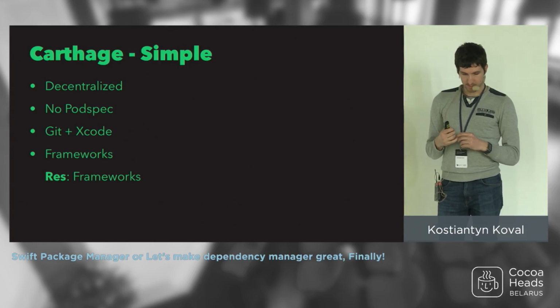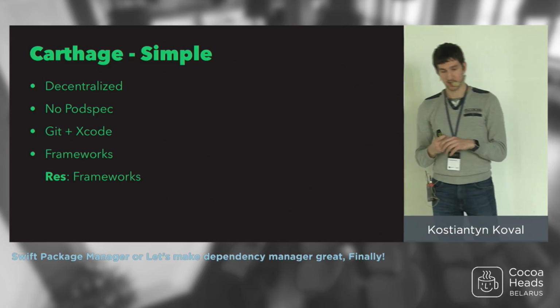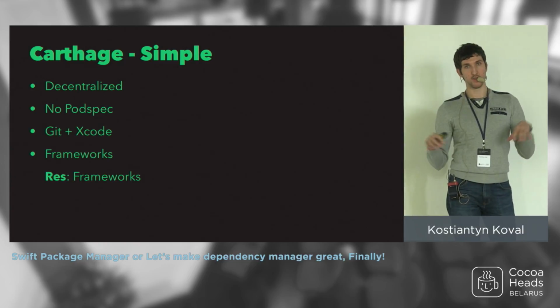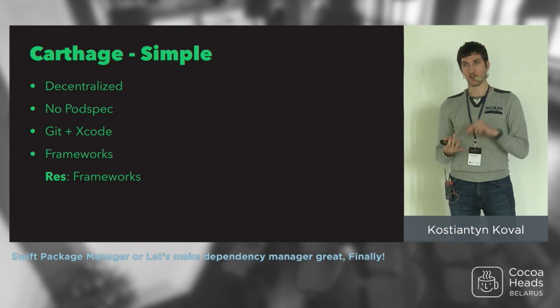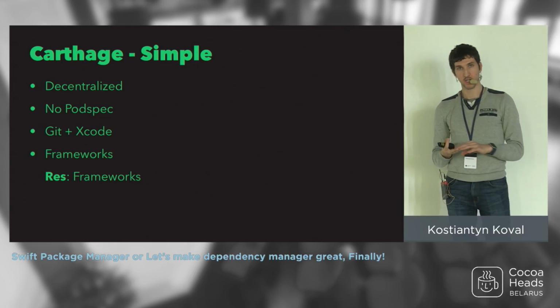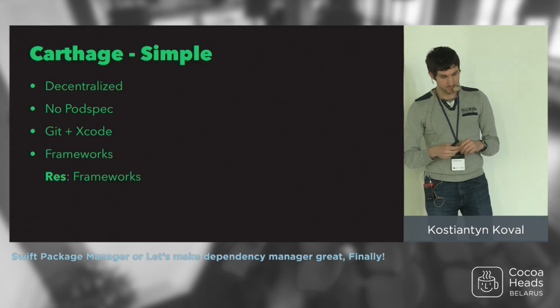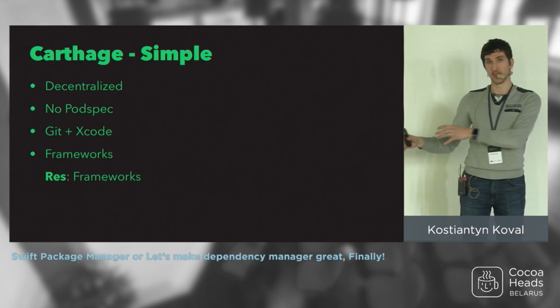And the really nice thing, I think, about Carthage is that it relies on two tools. It doesn't do everything on its own. It relies on Git to get the version, name, and all information about your package, like where it is, and gets tags. And it uses the Xcode build tool to actually build the things.